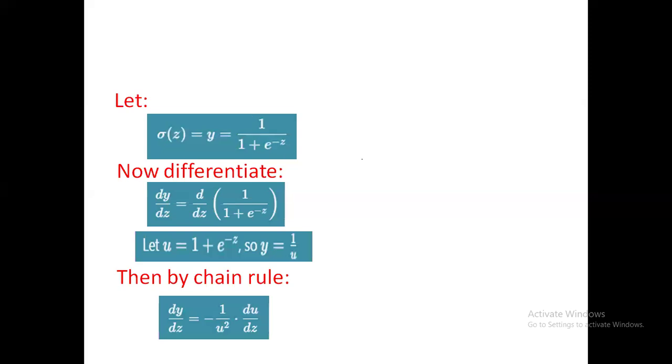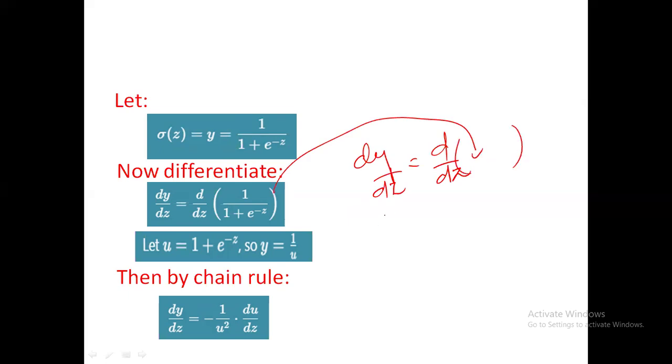So here we find dy by dz, which is d by dz of this sigmoidal function. We substitute u equal to 1 plus e power z. In this case, y equals 1 by u, and differentiating, we can write dy by dz as this.